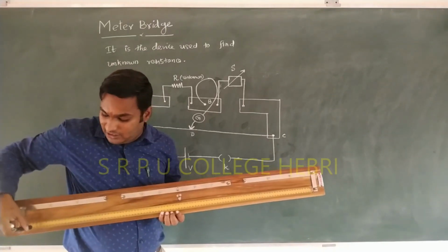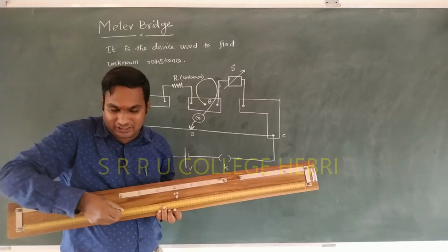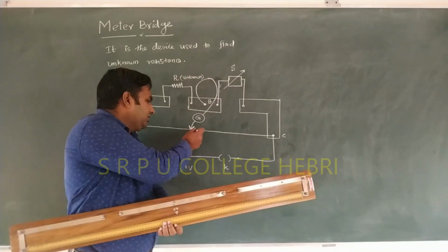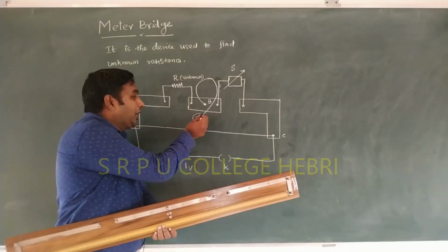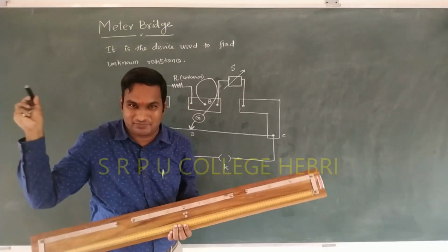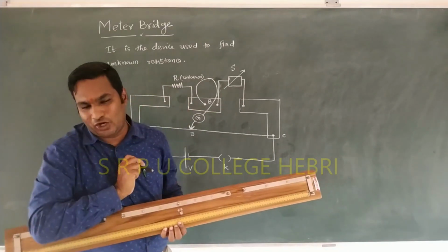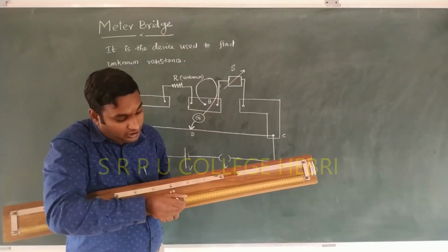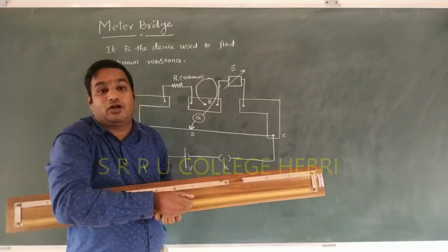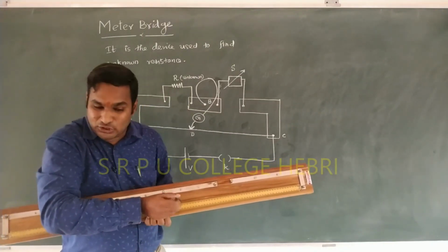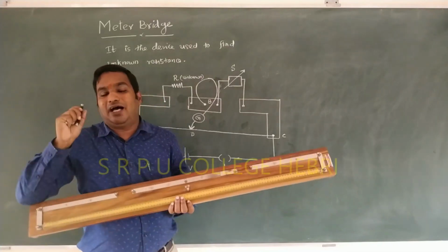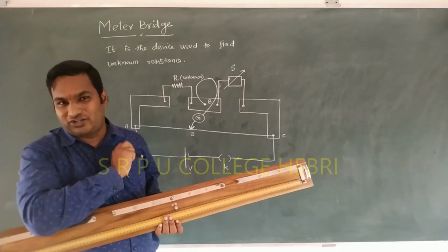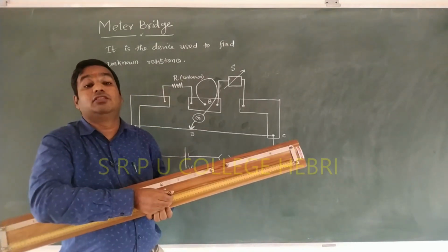Remember, as the slider rides from point A up to C, at some particular point, we call it D, the galvanometer shows no deflection, or zero deflection. When it comes somewhere here, the galvanometer shows zero deflection. And this particular length from A to C we call the balancing length. Dear student, in a Wheatstone bridge itself I said the balancing length is the particular length where the galvanometer shows zero deflection. That particular point is also called the null point.